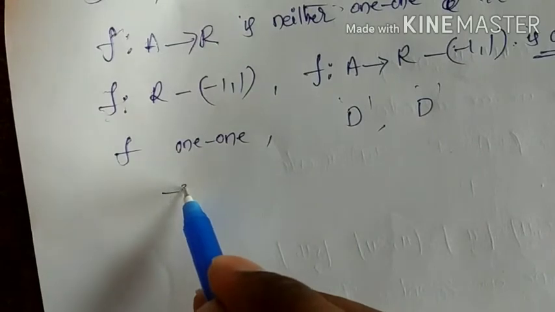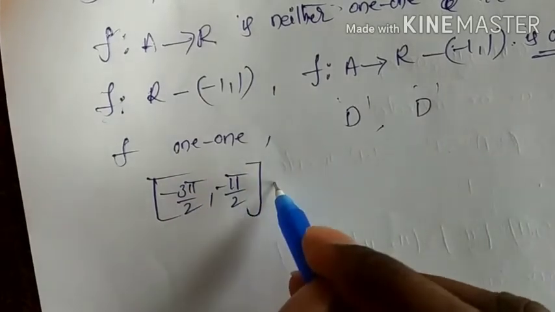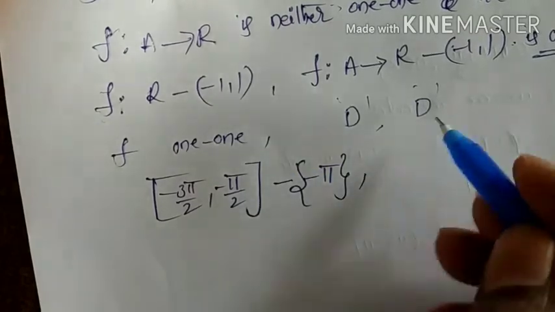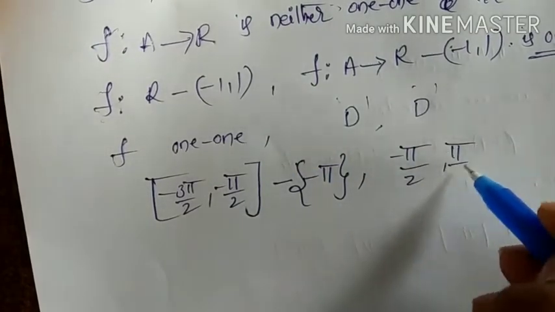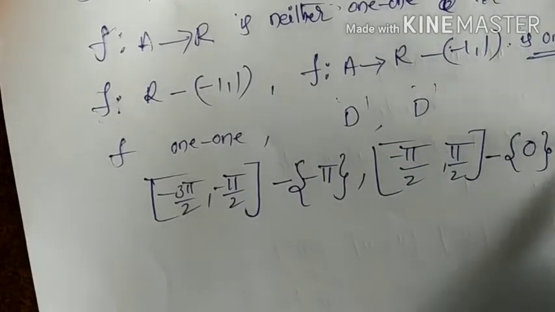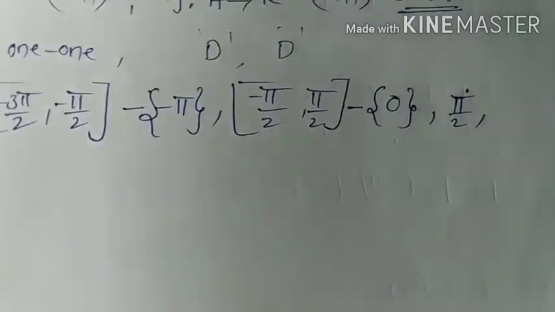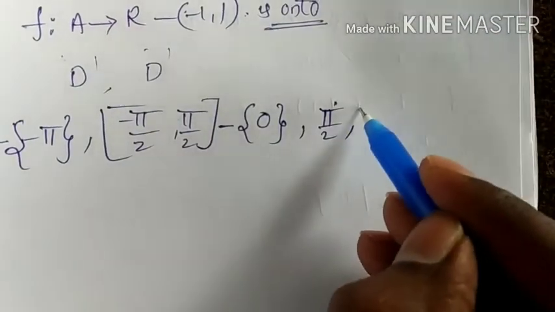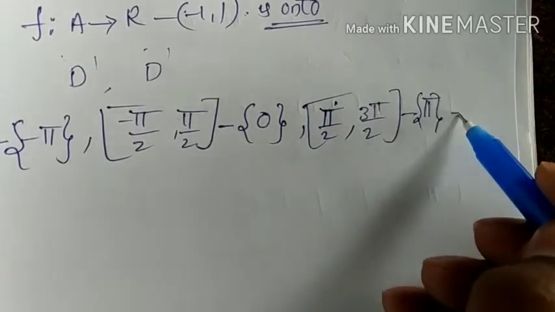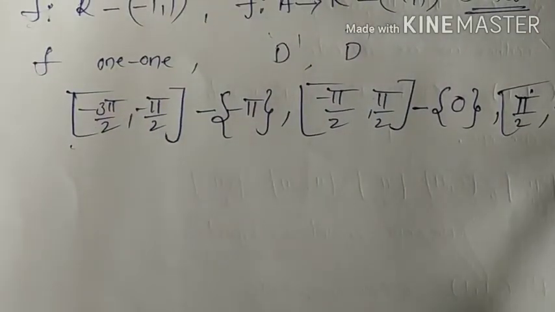One is minus 3 pi by 2 to minus pi by 2, minus of minus pi, and another interval is minus pi by 2 to pi by 2, minus of 0, and another is pi by 2 to 3 pi by 2, minus of pi, and so on. Only for these certain intervals is this function defined.